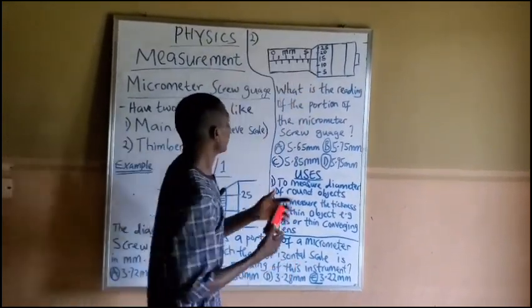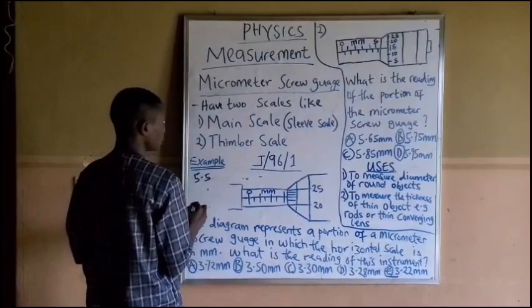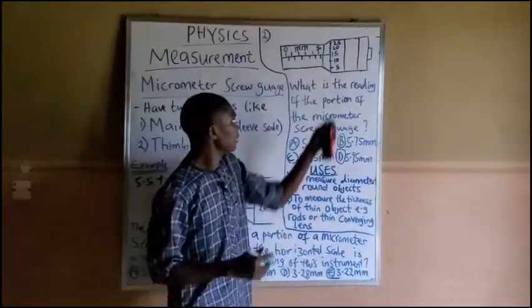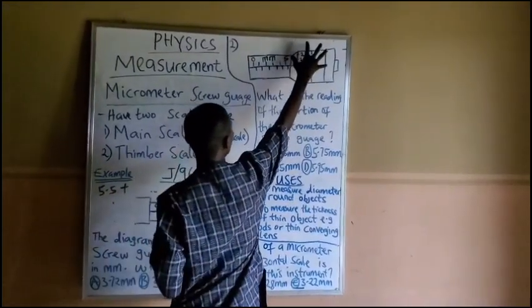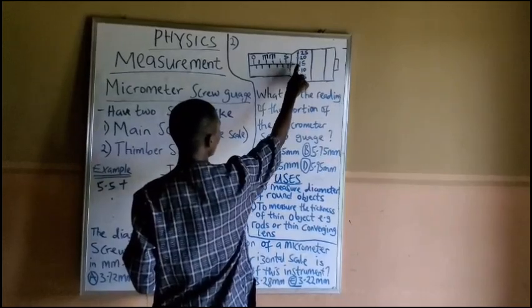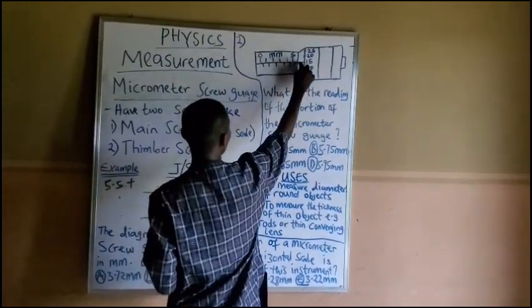So the main scale is what? The main scale there is 5.5. Okay, plus what is the timber scale? Now, where does this scale coincide with this scale? It is at this point. If you look at it very well, not at this point, not at this point. It is at this point.